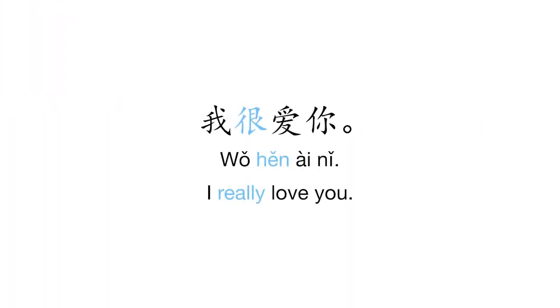Now, if I were to say the sentence 我爱你, which just means I love you, if I were to add 很 here and say 我很爱你, that means I really love you. And so you're increasing the degree at that point. And the difference here is that 爱 or 喜欢 or 讨厌 or 恨, these are psychological verbs.